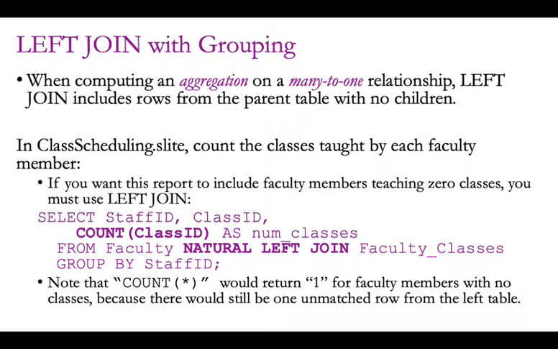So that wouldn't really be a useful thing to ask for. You should instead ask for a count of product name, because we know that value is going to be null for the ones that don't have any matches, because it comes from the second table. So in this case, we did a count of class ID because that's the thing that came from the second table, and it's sometimes null, and therefore allows you to get to 0 for the count.